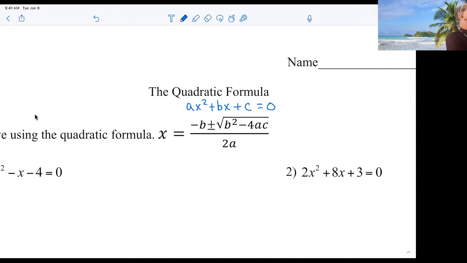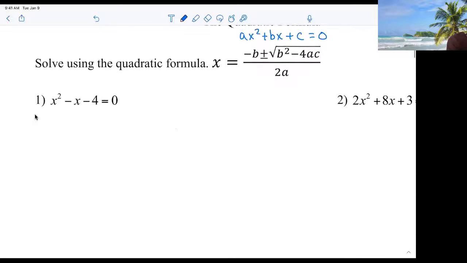So a is just the number in front of the square term, b is the number in front of the x, and c is considered the constant. It really is super duper easy. All you got to do is plug numbers into the formula. That's it.